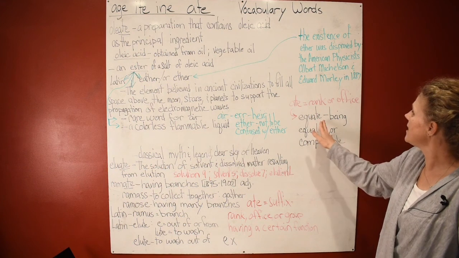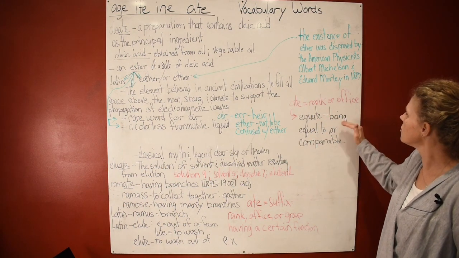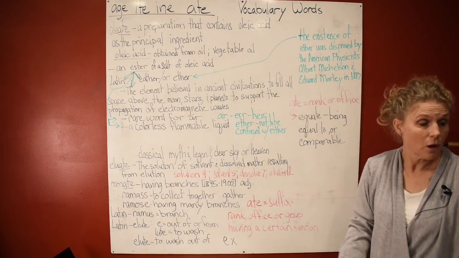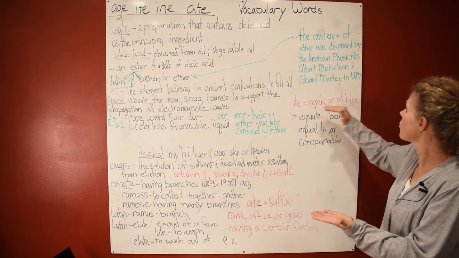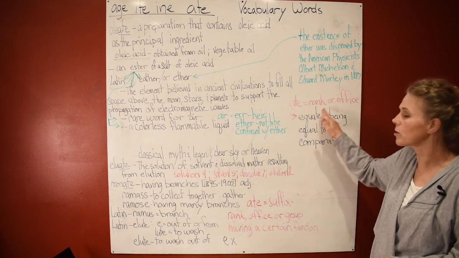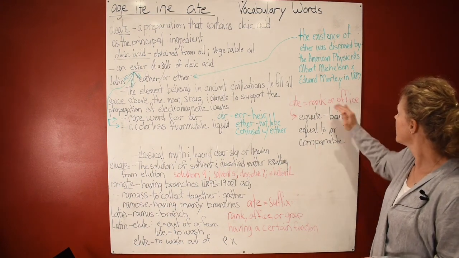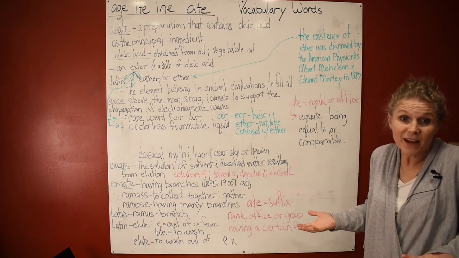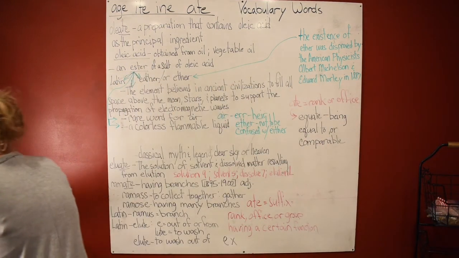And then we have ATE, and here it would mean rank or office. So you're being equal to, or comparable to, somebody of a rank or an office. Does that make sense? You're equal to them in a rank or an office. Kind of fun to decode that word a little bit and help you understand it better.